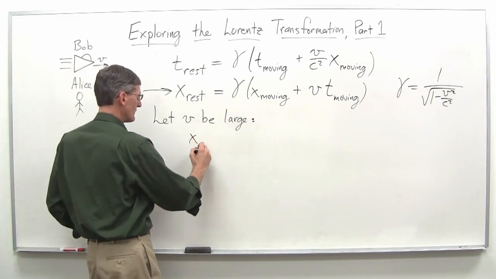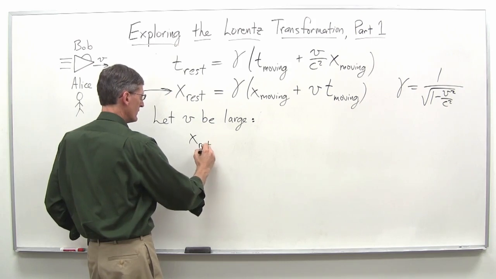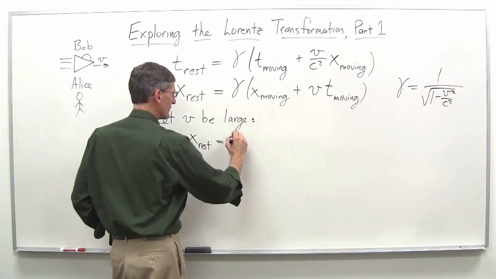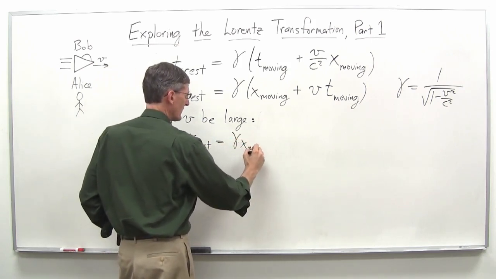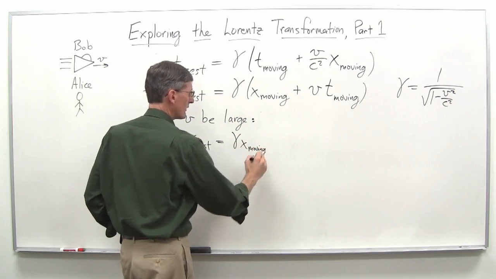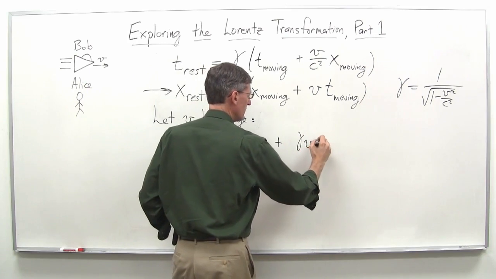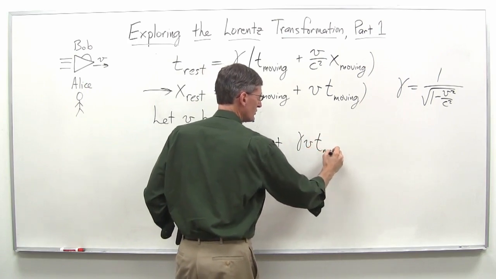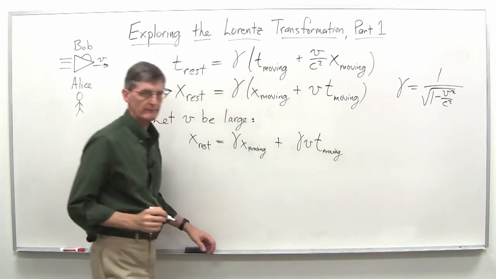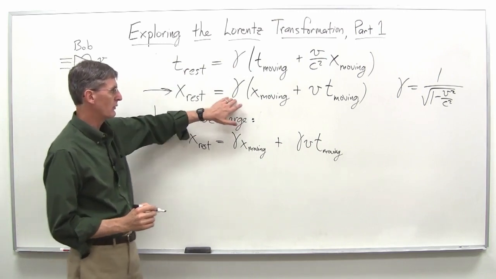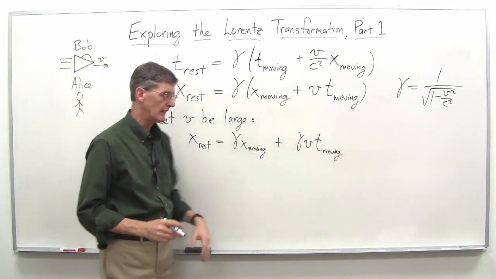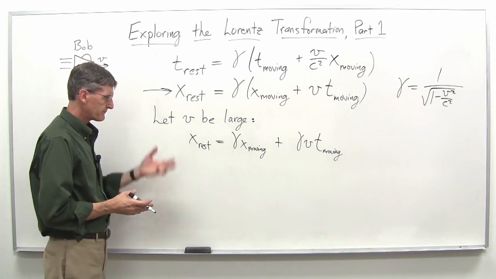So we've got x in the rest frame equals gamma times x in the moving frame plus gamma times v times time as measured in the moving frame, in Bob's frame there. All I did was multiply that by gamma and then that term by gamma to split it apart here.